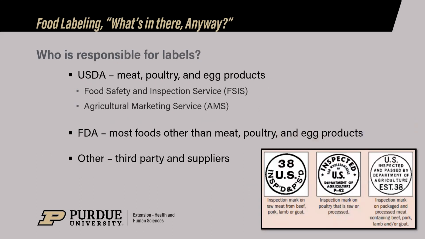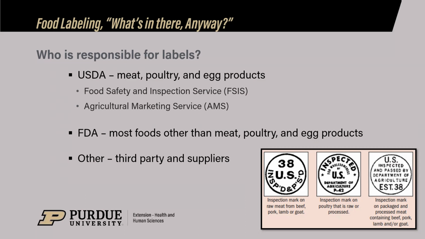So the USDA and the FDA are the two large agencies that are responsible for food labels. The USDA is in charge of meat, poultry, and egg products, and the FDA essentially covers everything outside of those three main components.